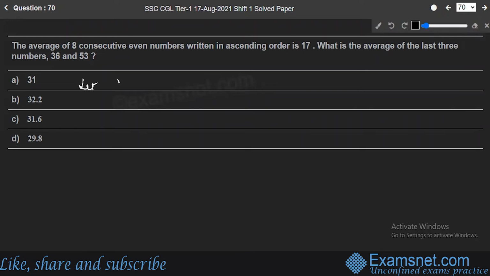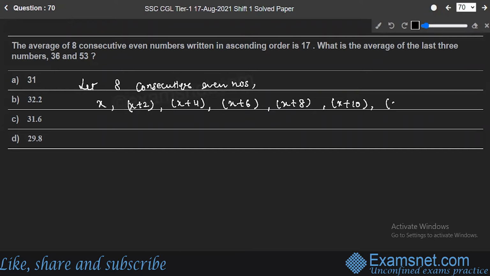So first of all, let the numbers be x, x plus 2, x plus 4, x plus 6, x plus 8, x plus 10, 12, and 14. So this is 1, 2, 3, 4, 5, 6, 7, 8 consecutive even numbers.